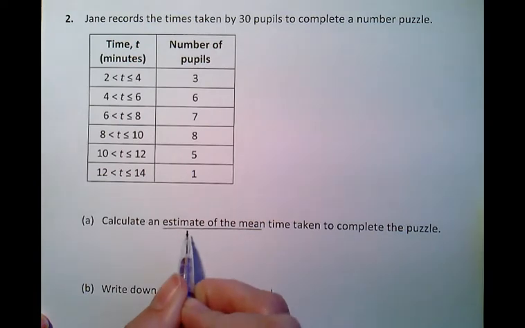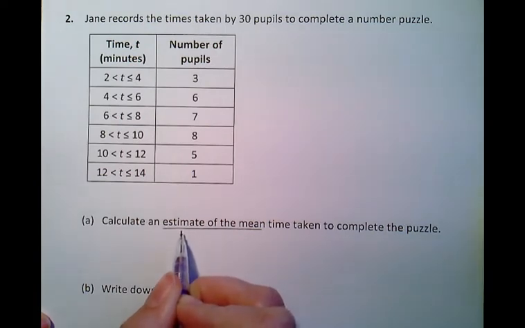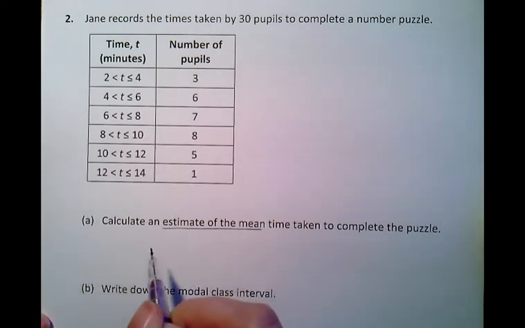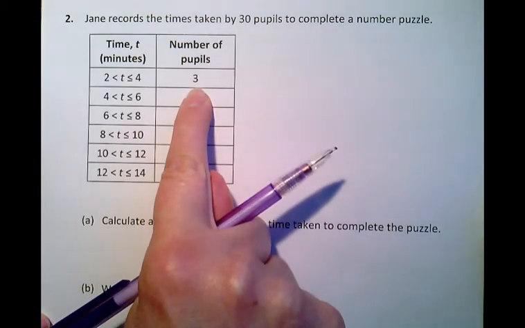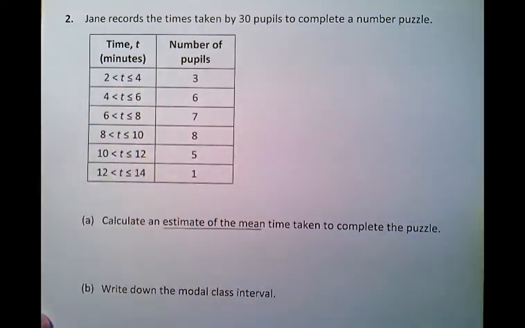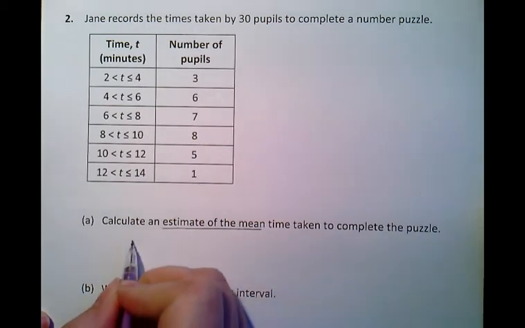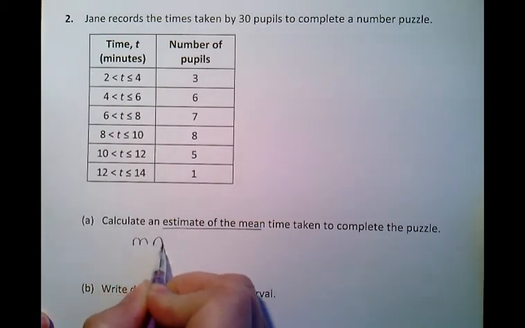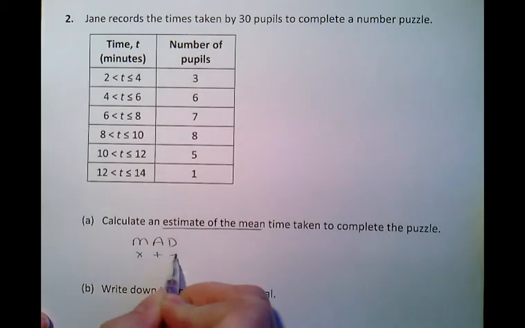First of all, this is an estimate because you don't actually know how long each person took because they've grouped the results. So these 3 people, they might have all taken 4 minutes or they might have taken 3. You're not sure what way it worked out because they've grouped them. So for you to get the mean, you do MAD, multiply, add, divide.